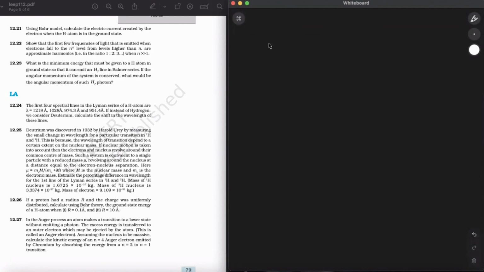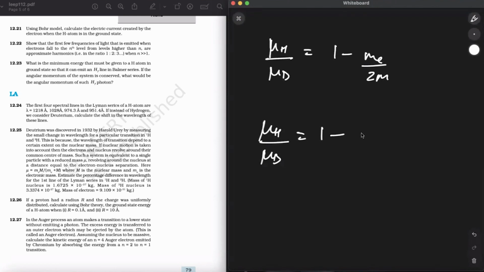Now, if I want to write mu hydrogen divided by mu deuterium, it will be 1 minus mass of electron divided by 2 times M. And just calculating it, mu H upon mu D will give me this.